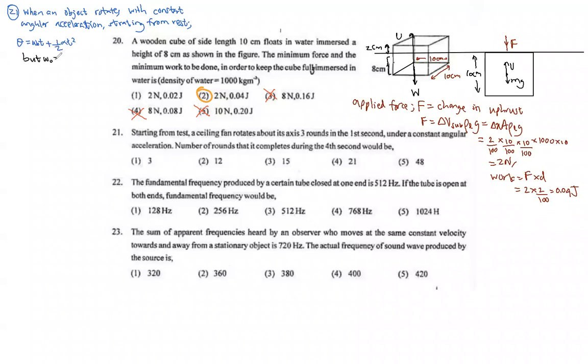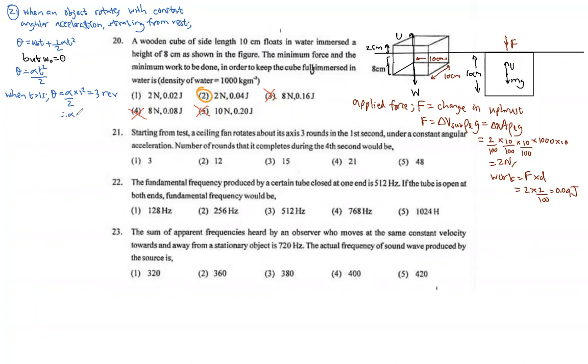So theta is equal to alpha t squared by 2. When t is 1 second, theta is alpha by 2 into 1 squared, and that is equal to 3 according to the question: 3 revs.